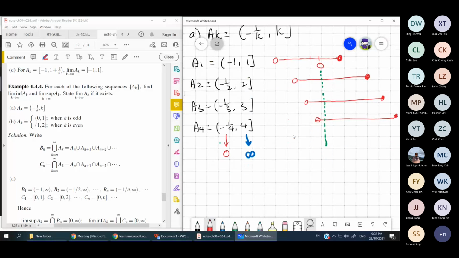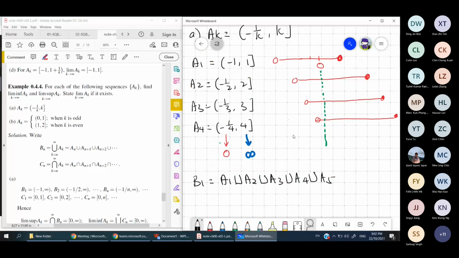Okay, now we can start one by one. So B1 is A1 union A2 union A3 union A4. You are combining all these lines. So we remain here, this part, and then we join this.